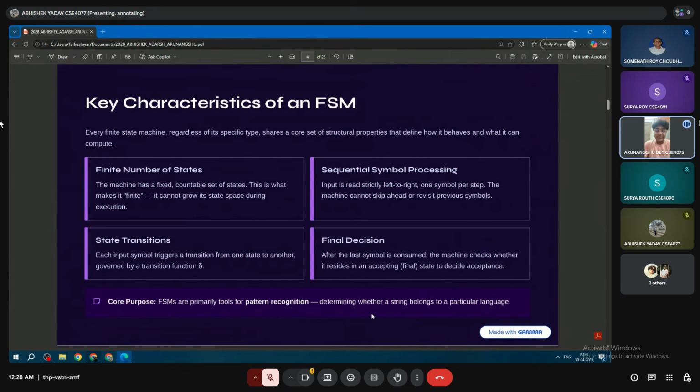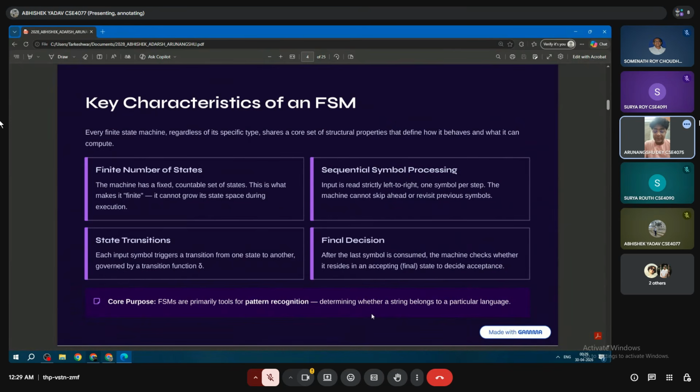Okay, so here are some key characteristics of an FSM. Every finite state machine, regardless of its specific type, shares a core set of structural properties that define how it behaves and what it can compute. First, a finite number of states. The machine has a fixed, countable set of states. This is what makes it finite. It cannot grow its state space during execution.